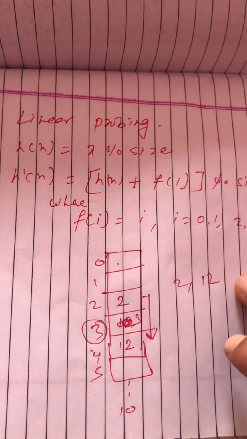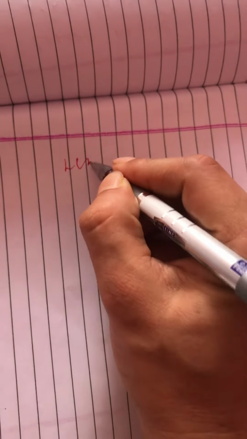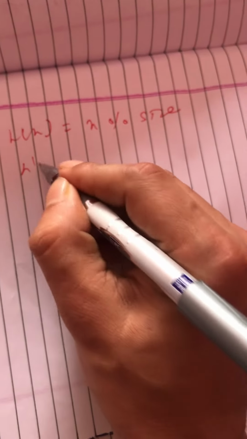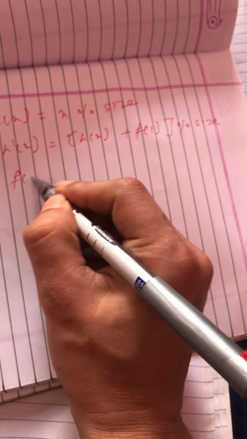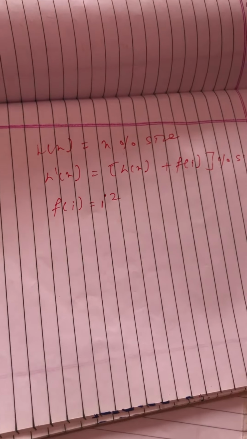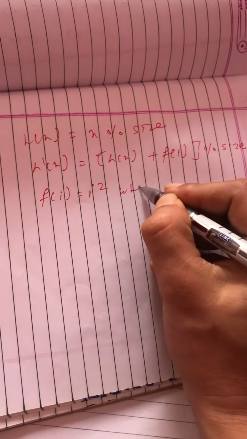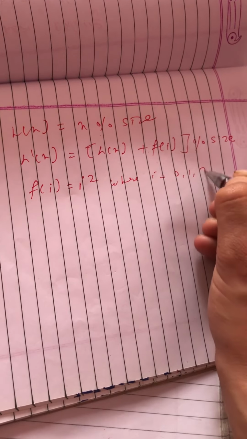Quadratic probing is similar to linear probing, but the only difference is that hx equals x mod size and h'x equals (hx plus fi) mod size, where fi equals i squared, which prevents us from forming a cluster in the hash table, where i equals 0, 1, 2.